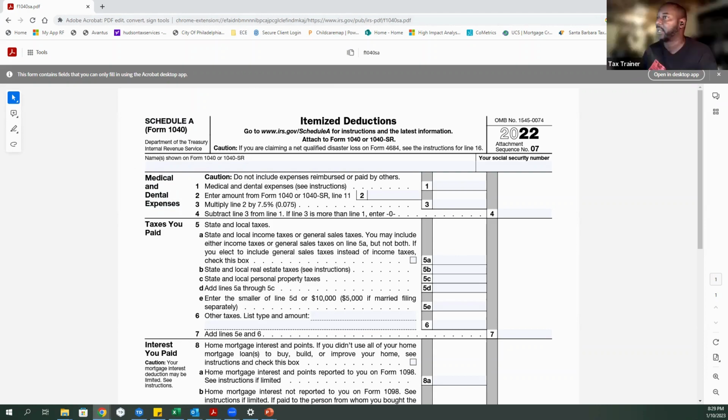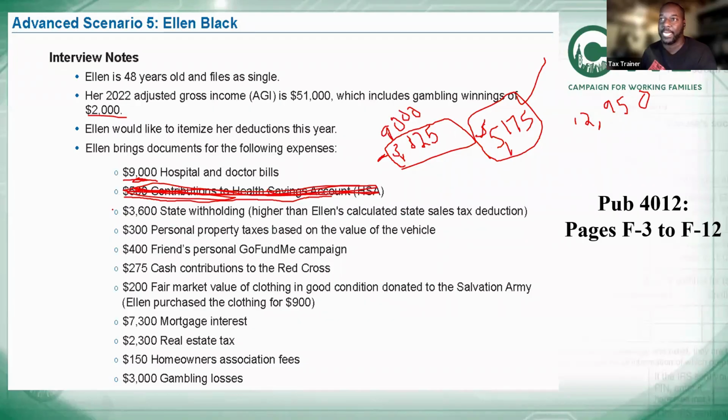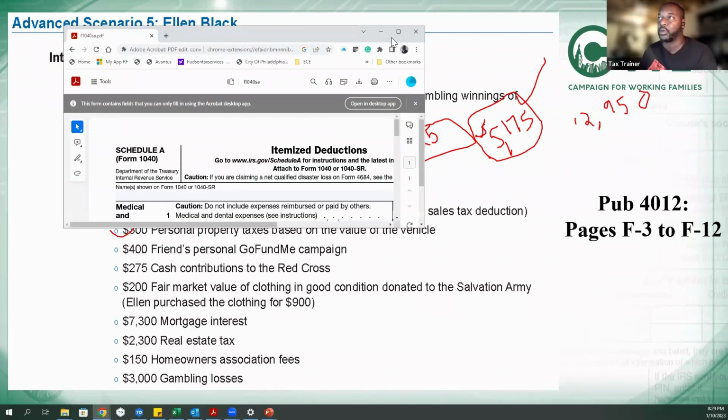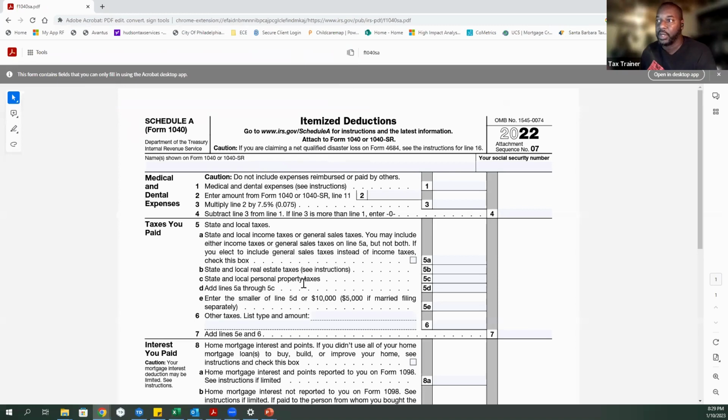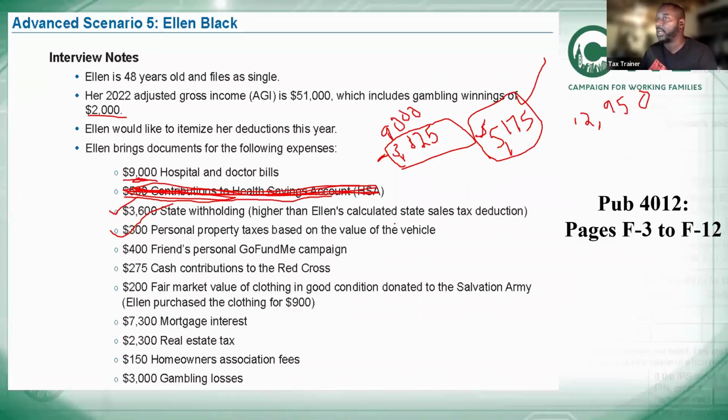So can I do the 3,600? Yes, I can do the 3,600. How about the $300 personal property tax? Can I do that? Yes, because that's also included on this schedule, personal property taxes right there, line C. So I can include that. Before I continue, let's look at real estate taxes.